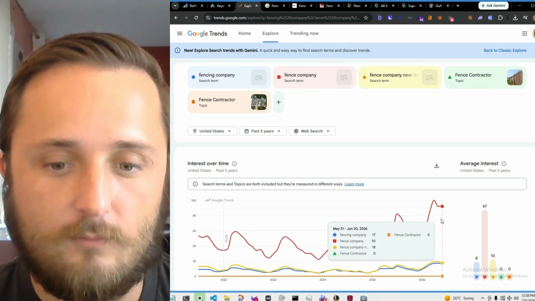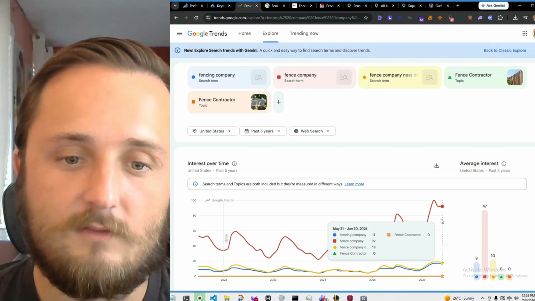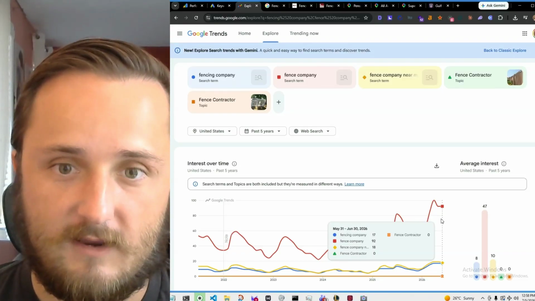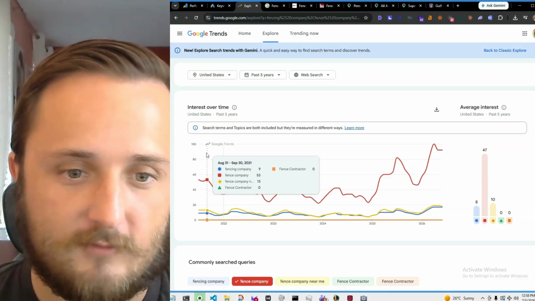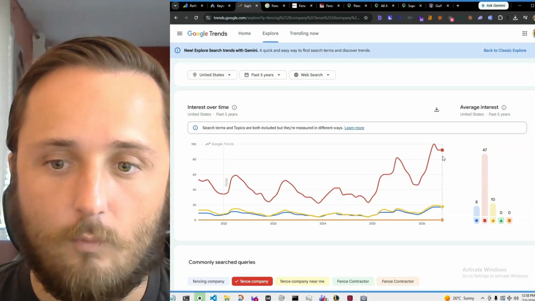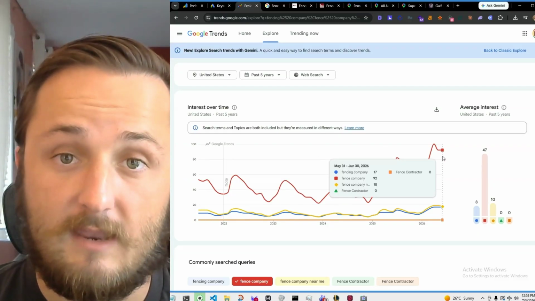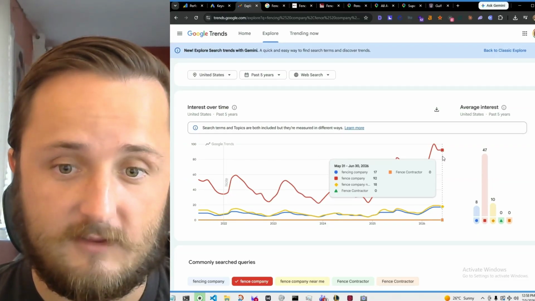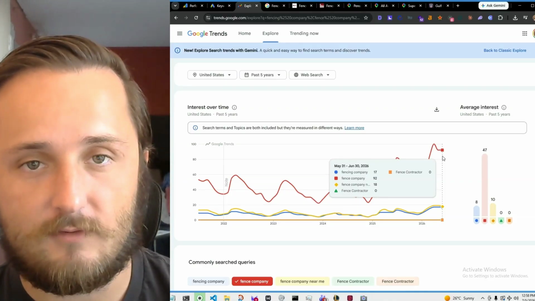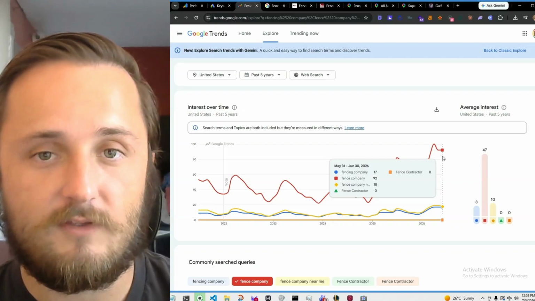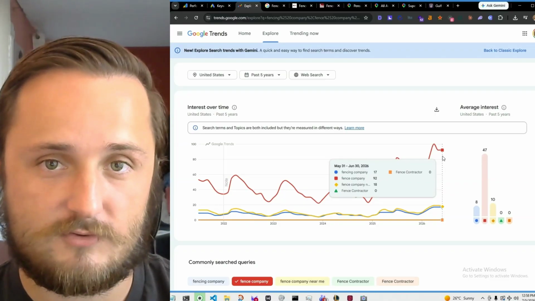When we look at the Google Trends data, like right here in this graph, we're seeing all these lines and all these numbers, right? One thing you need to keep top of mind in Google Trends specifically is that this data is shown in relation to the amount of times it's searched.